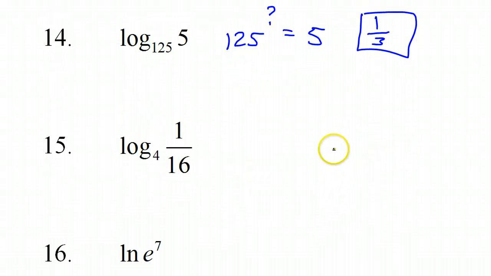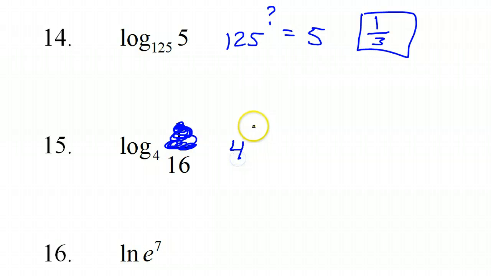Okay, number 15. Now, my recommendation to you was to temporarily ignore the 1. So at first, this would be asking the question 4 to what power is equal to 16? And the answer to that question, of course, is 2. 4 squared is 16.